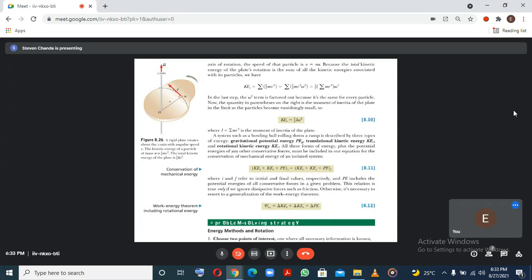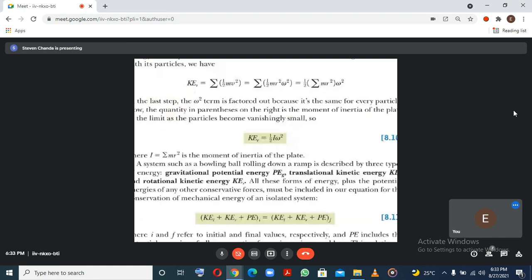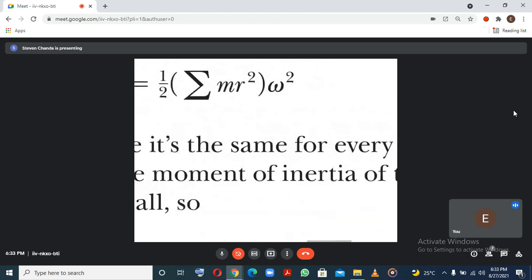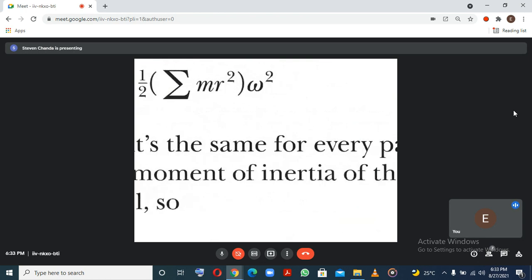But when we add them, look at these brackets: the sum of mass times radius squared.